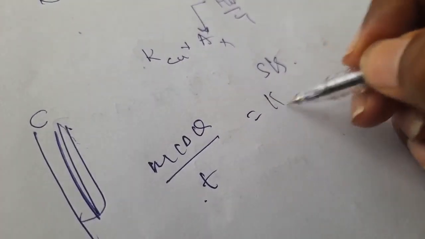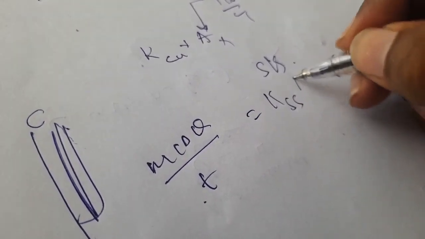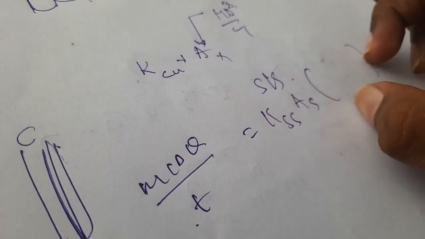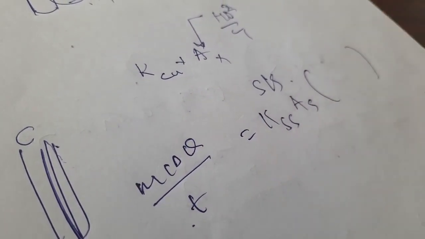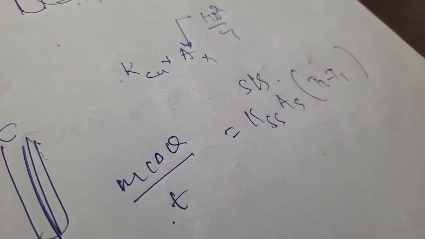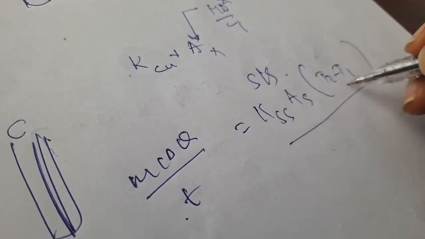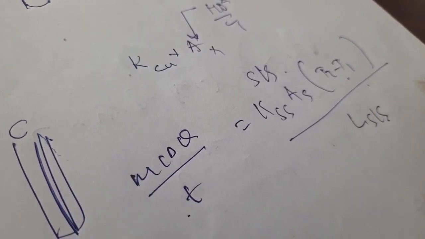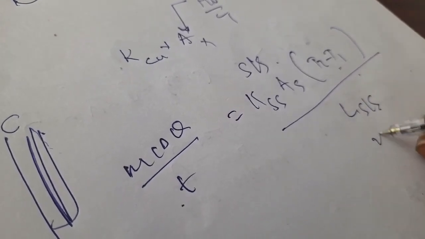That is K stainless steel times the cross-sectional area of the stainless steel material, times the temperature difference for stainless steel, T2 minus T1, divided by the distance between the temperature points, L stainless steel, which is 25 millimeters.